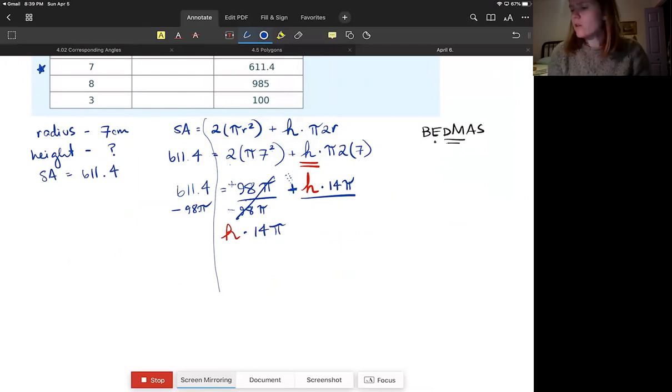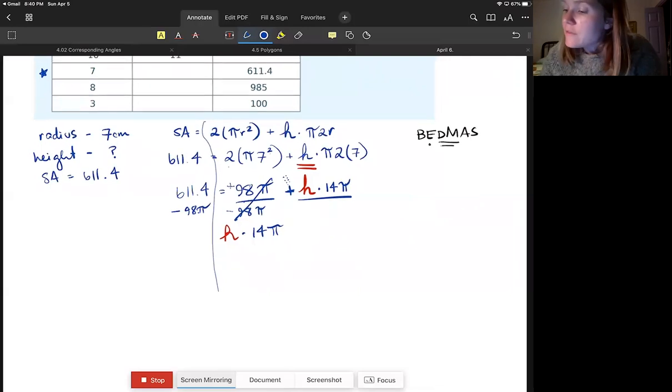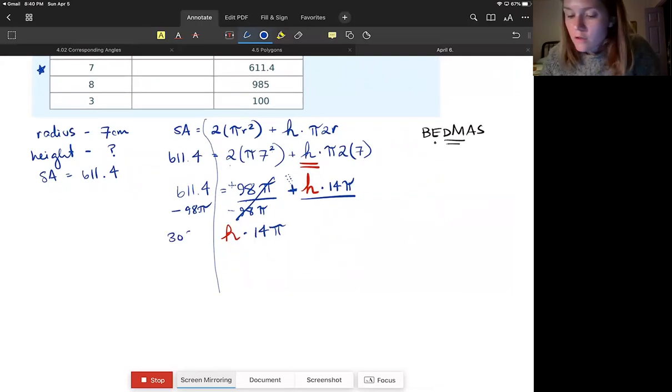Now, when I go into my calculator, I'm going to do 611.4 minus 98 pi. It gives me 303.2. So now I want to isolate my h, and so I want to get rid of what else is with the h.